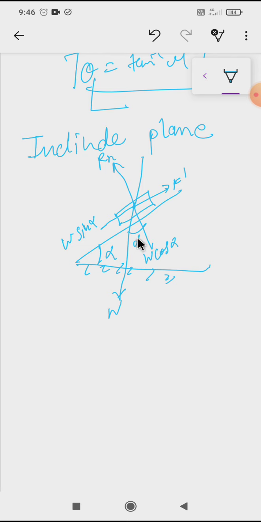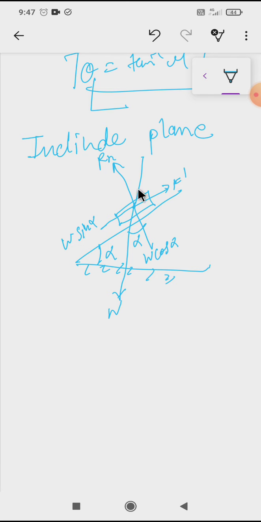When a body is at rest on an inclined plane making an angle alpha with the horizontal, the forces acting on the body will be W, the weight of the body, the normal reaction Rn, and F dash, the force resisting the body. This friction force is a self-adjusting force until the body moves.